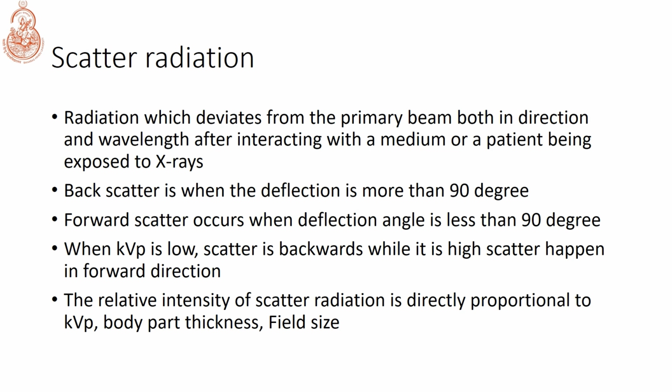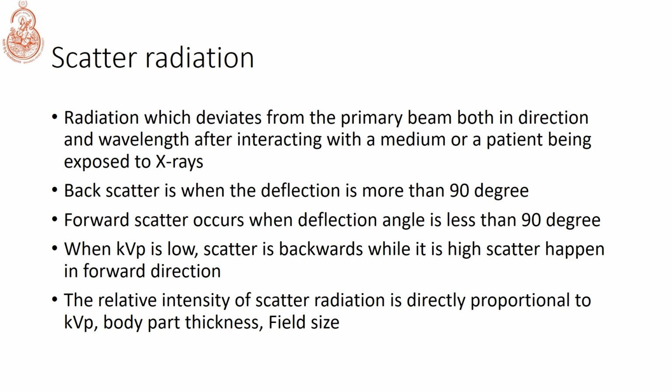The X-rays come out of the X-ray tube and hit a certain portion of the patient, and since the surface of the patient is not uniform, they may get deviated instead of going directly into the cassette, into the film. Those rays which get deviated from the primary beam are called scatter radiation.